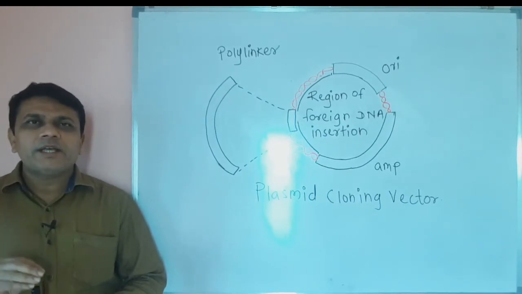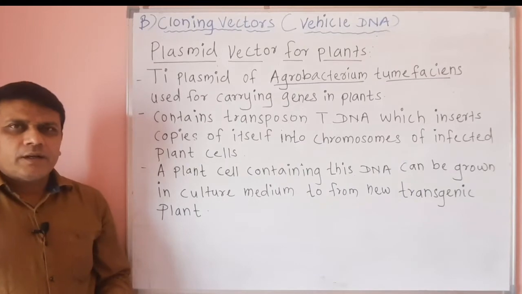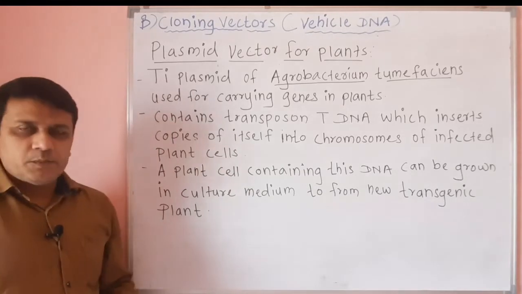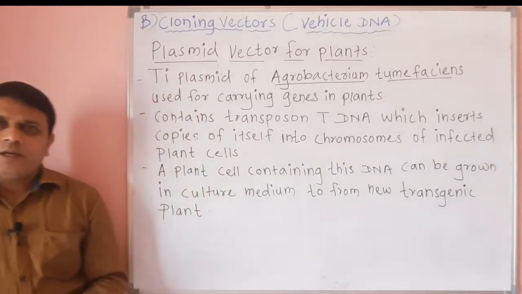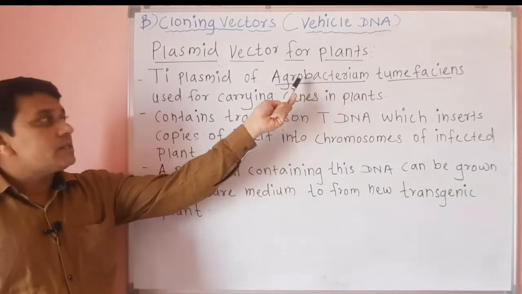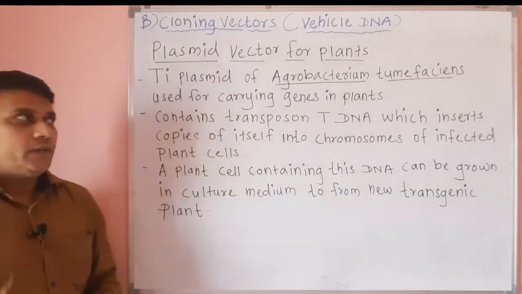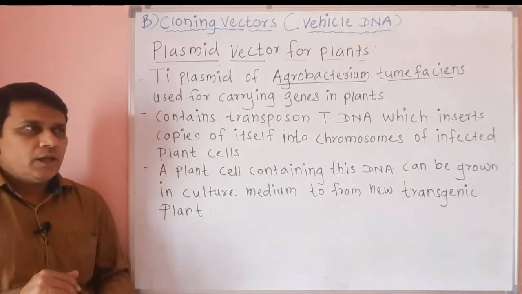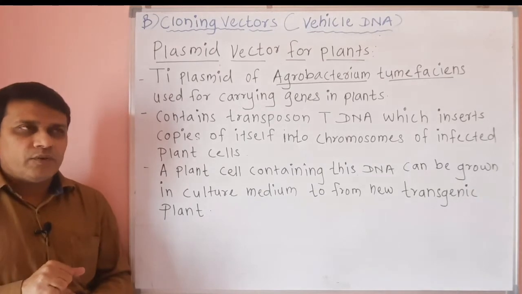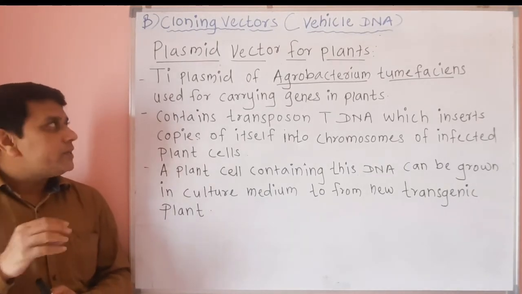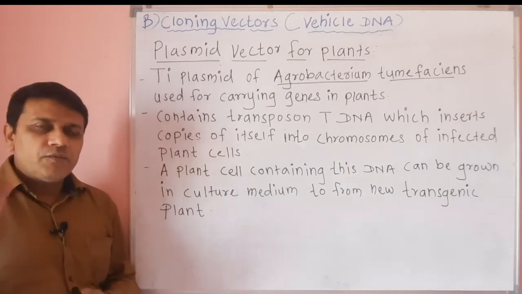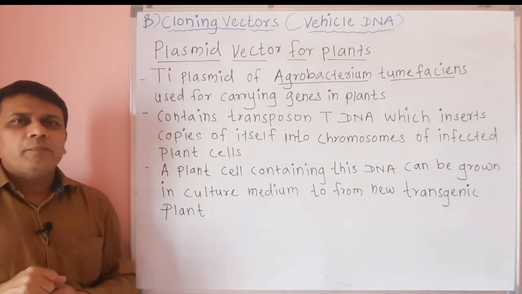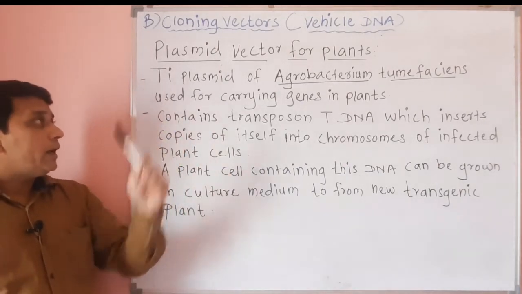Then the vector used in plants is the Ti plasmid. This Ti plasmid is present in the bacterium called Agrobacterium tumefaciens, and it is used for carrying genes in plants. Agrobacterium tumefaciens, with the help of this Ti plasmid, infects the plant, and tumors are developed in the plant due to this Ti plasmid.